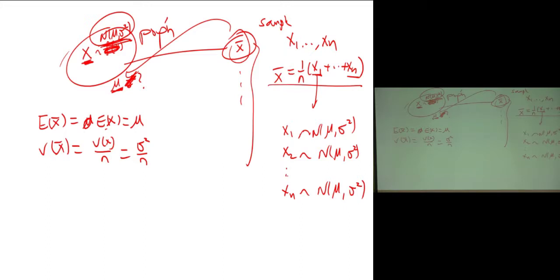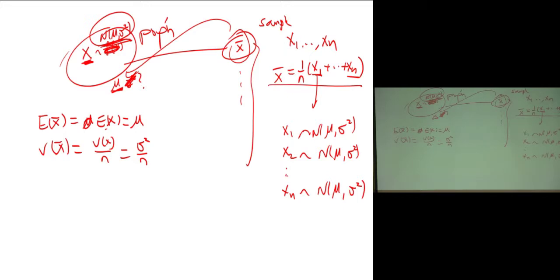I want you to make sure you understand this distribution describes how x1 behaves. So x2 also follows the same distribution, which means I can use the same distribution to describe x2. But when I take the sample, I observe what x1 is, and what x2 is. So x1 and x2 should not be the same.